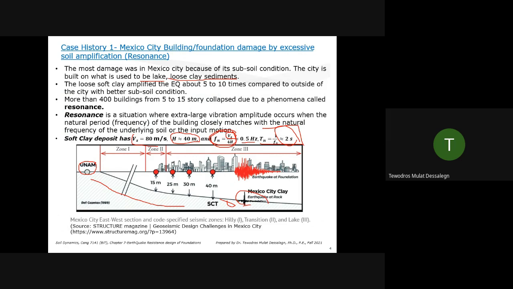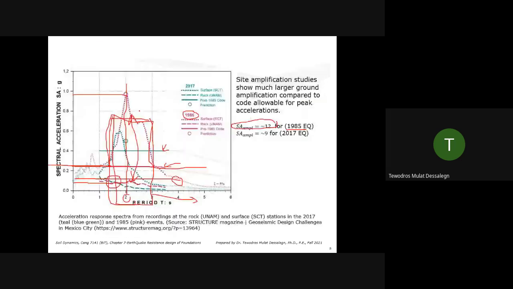If you are close, it doesn't mean you say, hey, you cannot build it. The point is, if you build it, don't design it for around 0.2 g. Design it for 1 g. If you apply 1 g to that building, it should be able to resist it. Is that clear? So this is a big concept.